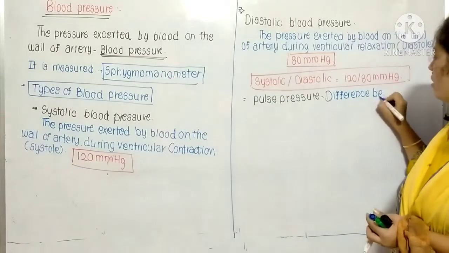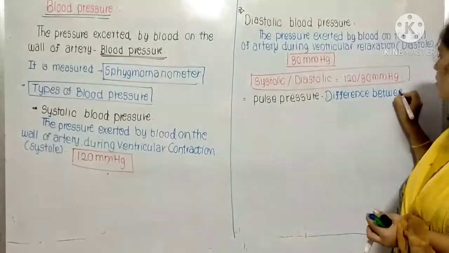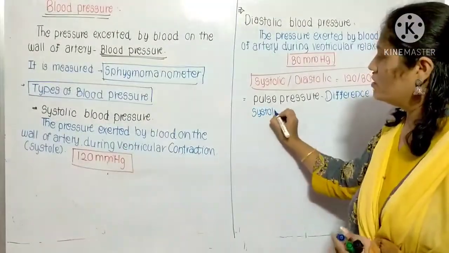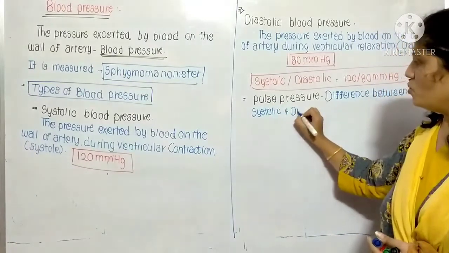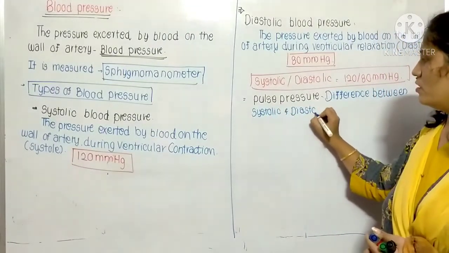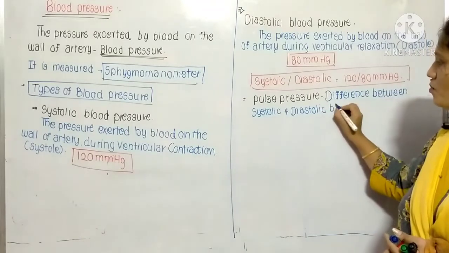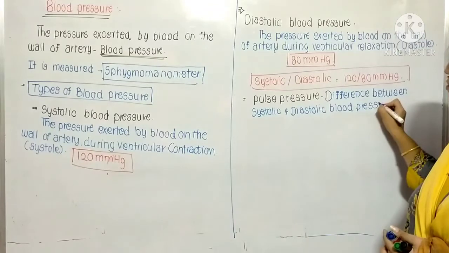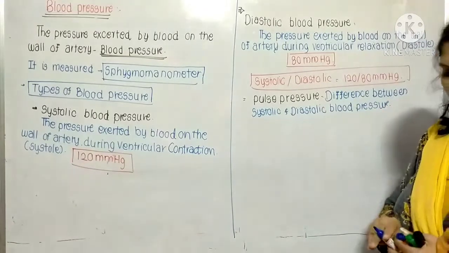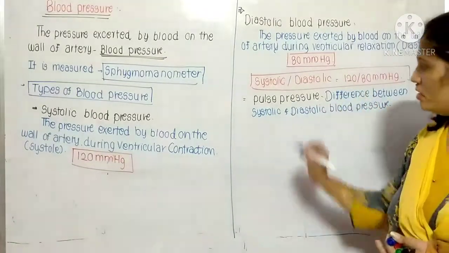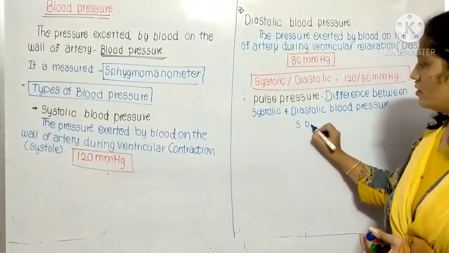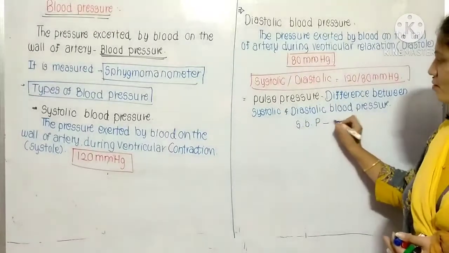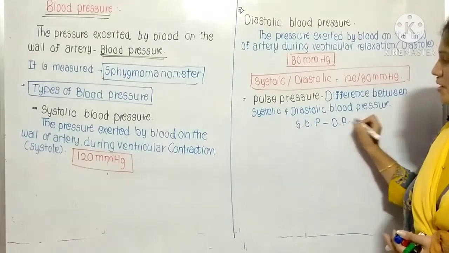I'll write it down here. The difference between systolic and diastolic blood pressure is known as the pulse pressure. How much will it be? Pulse pressure is systolic blood pressure minus diastolic blood pressure.